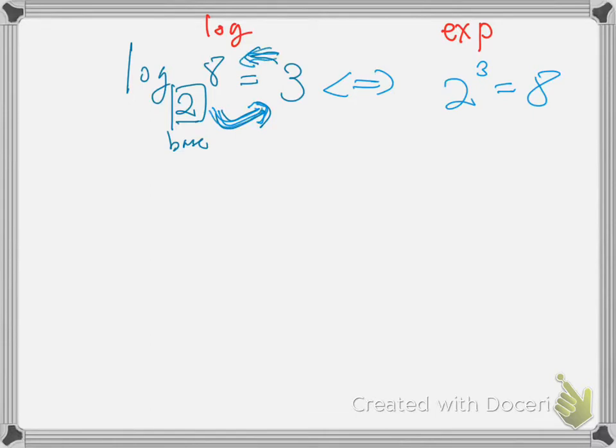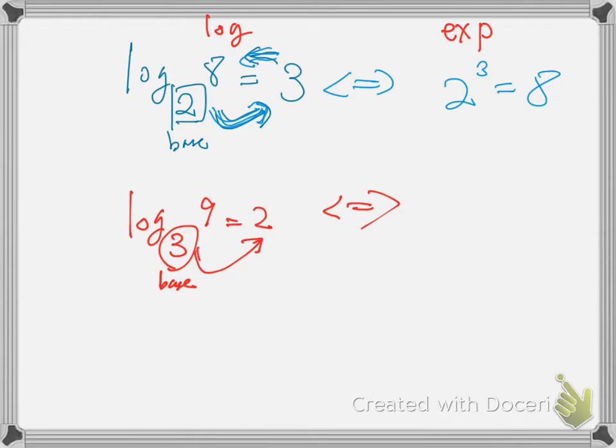Now if this is log 3 of 9 is 2, this is equivalent to starting from the base and going to the other side of the equation: 3 to the second power is 9. So 3 squared is 9. You can always change log to exponent or exponent to log.